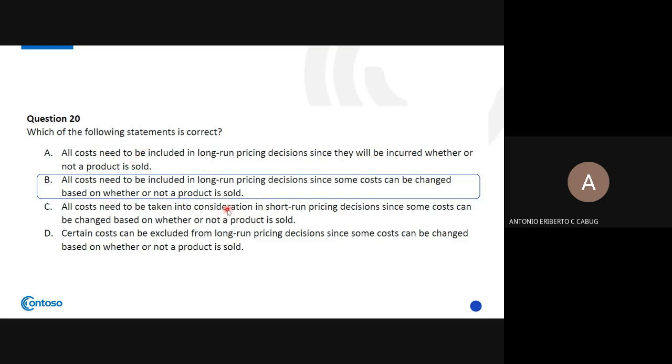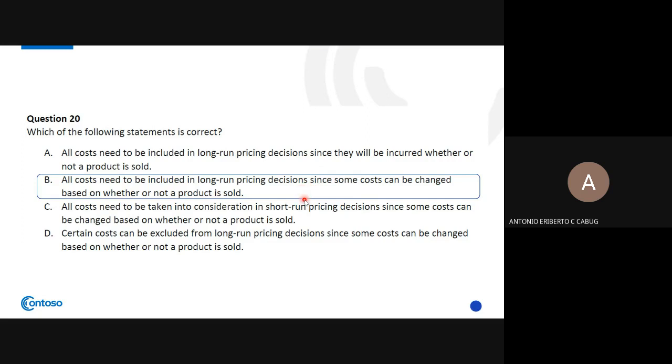Iisipin mo na yung ginastos mo dati at yung gagastusin mo pa lang pag binenta mo. Baka mamaya yung selling expenses mo, napakalaki yung distribution na hindi worth it ibenta. Mura nga yung production. Kunyari, nagpo-produce ka ng mineral water, ibebenta mo sa Saudi. Yung pag-distribute naman ng produkto mo, napakamahal ng transportation.